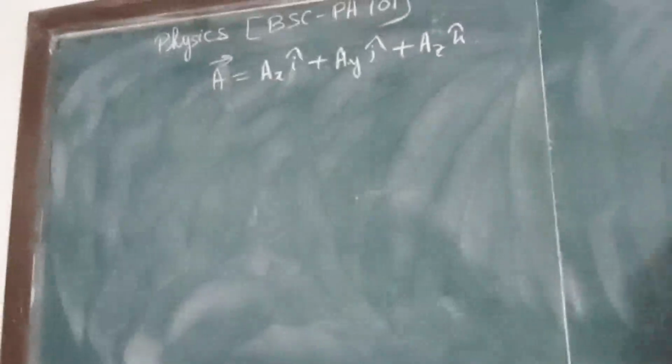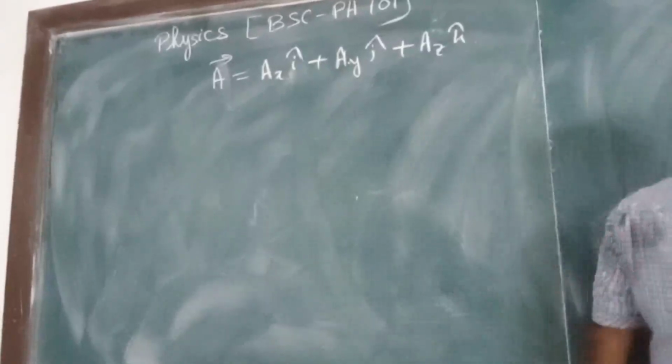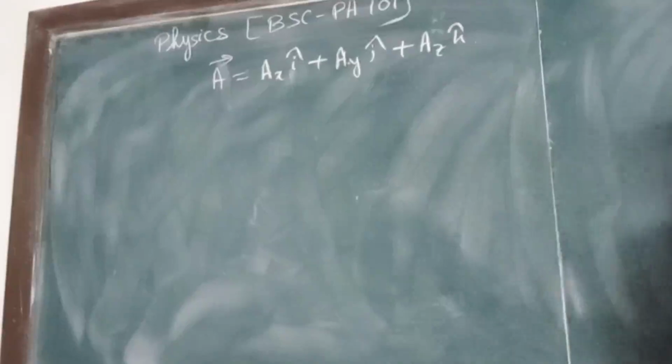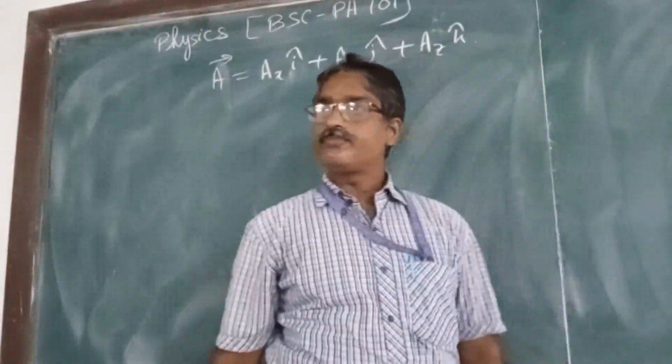So if we draw x axis, y axis, z axis, and the vector A here, the unit vector along x axis is i cap, along y axis is j cap, and along z axis is k cap.